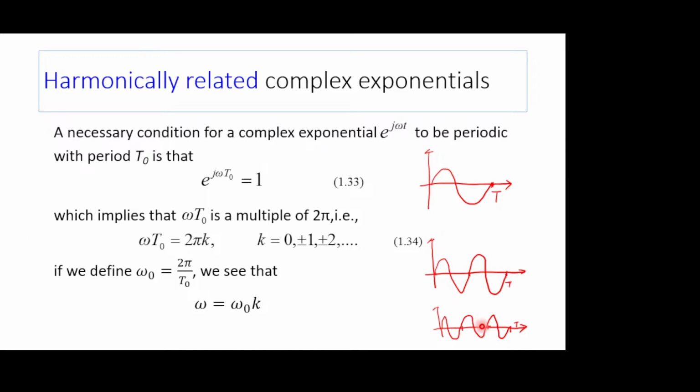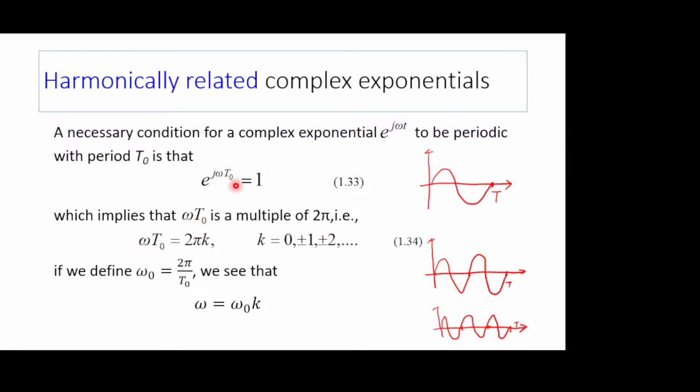Okay, so here's the idea. Here we shift the perspective. We already fixed this T0, and we want to find everything that has big T0 as one of its periods. So basically, their fundamental period would need to be a fraction of this big T. We solve this in equations. We want some omega such that e to the j omega T0 equals 1, because that's e to the j 0.